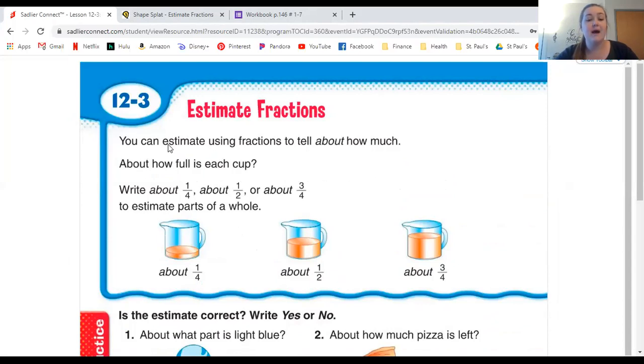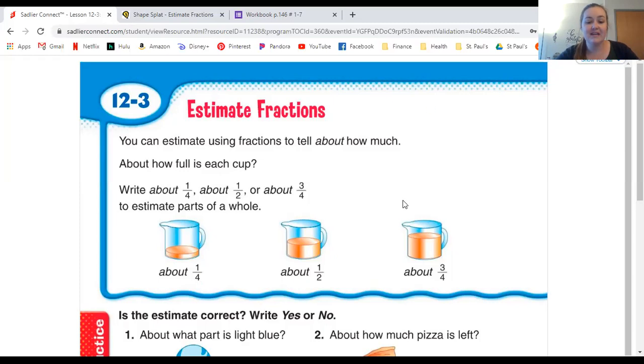So you can write about a fourth of the cup, about half, or about 3/4 to estimate parts of a whole. If you've ever cooked with your mom or baked cookies, you can grab a measuring cup and see where the quarter cup, half cup, 3/4 cup, and full cup are. It makes you think in that way.